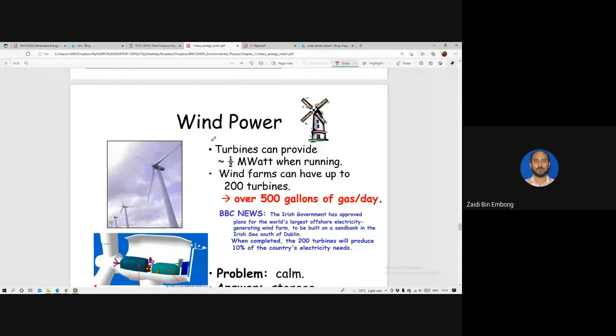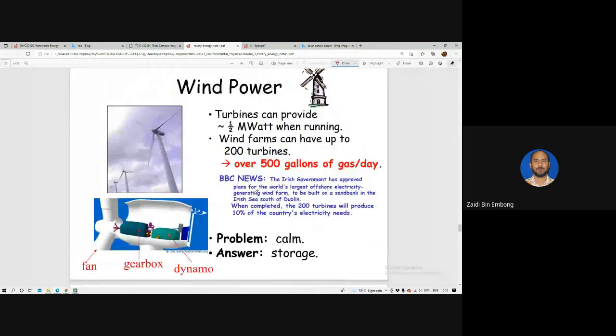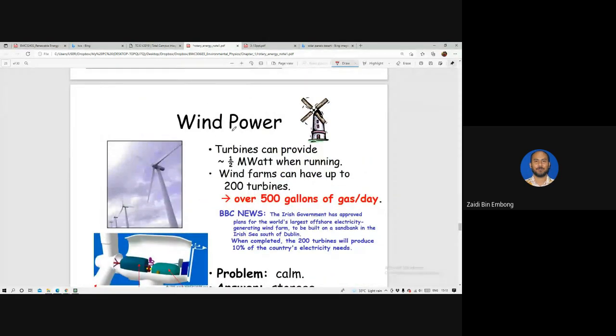Why wind power? Because the velocity of the wind around there is very high.